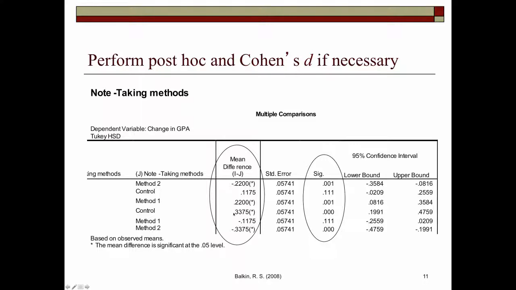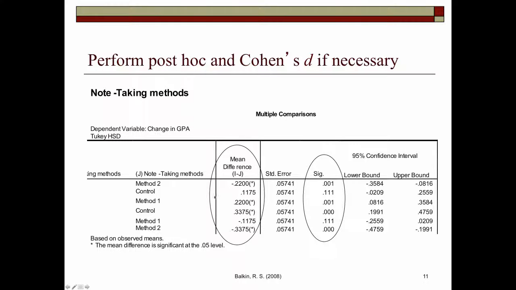Because you had a statistically significant difference in note-taking methods, we might need to look at mean differences in note-taking methods. And so you have 3 levels here, and so we can compare method 1 to method 2, method 1 to the control group, and method 2 to the control group.